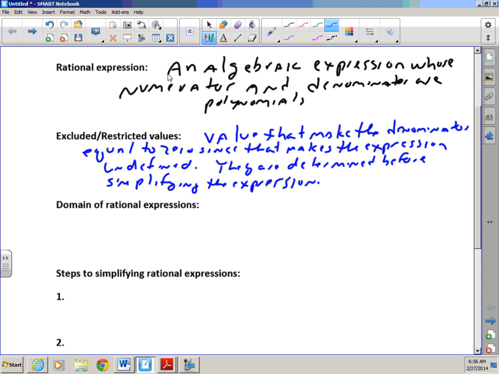The domain of rational expressions is all real numbers except those that result in a denominator of 0.